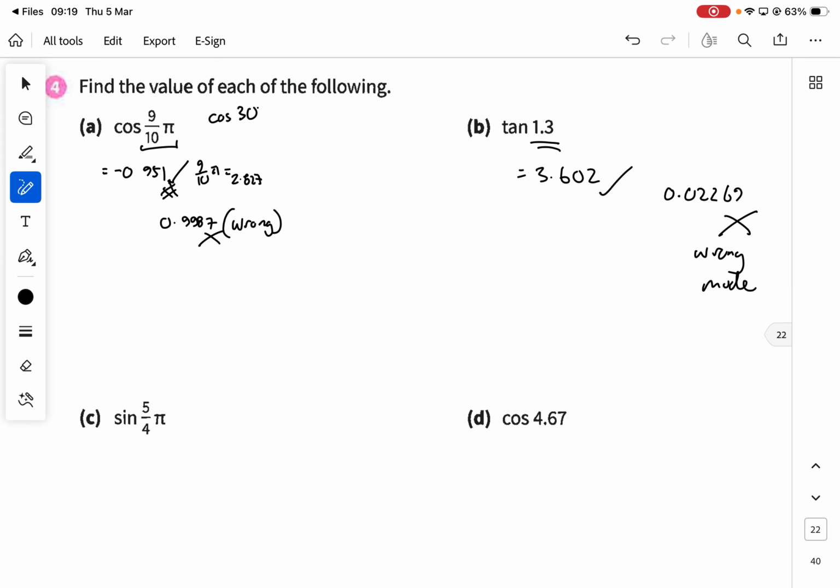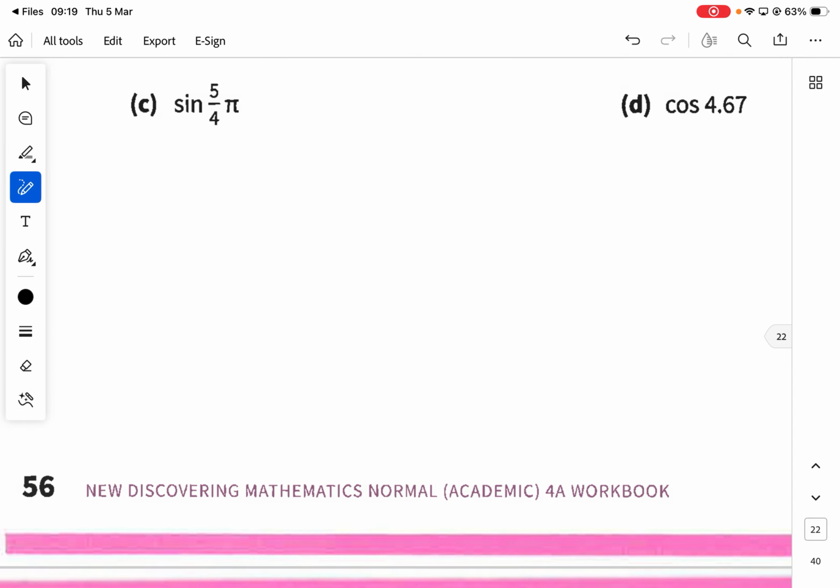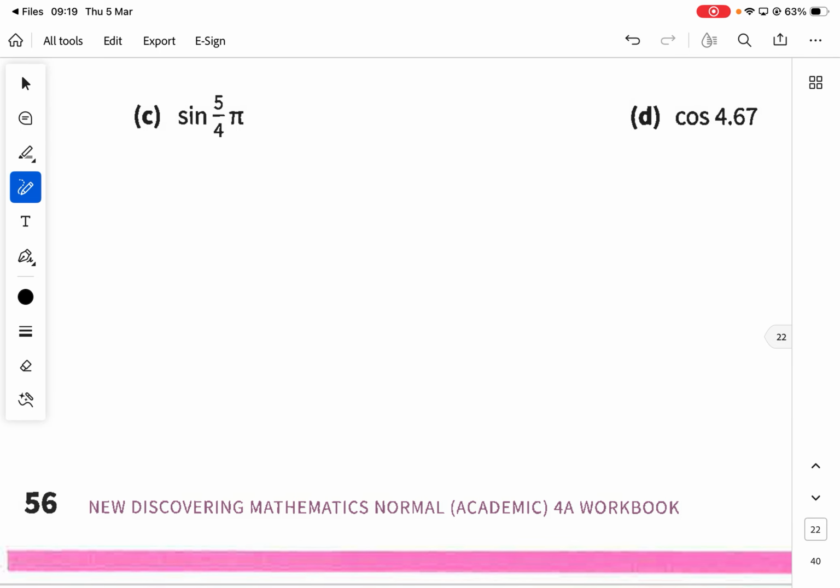Okay, correct. But if I want degree, I change my calculator to degree mode. Then when I press the exact same thing, it will give me in terms of degree. They are not asking so many, just giving you all the extra understanding of the picture.